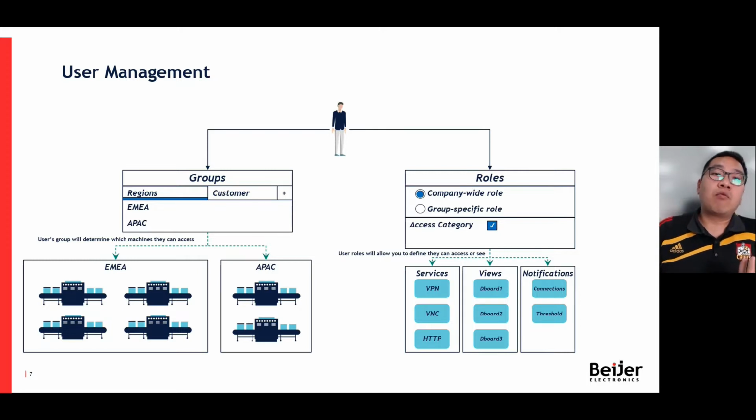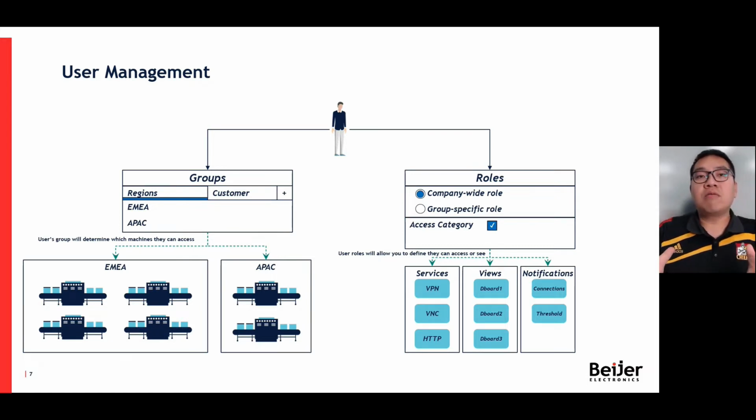Having a company-wide user or a group-wide user will determine what devices you have access to. If you are a company-wide role, you will have access to all devices within your company, within the CloudVPN company, of course. If you have a group-specific role, depending on the machines that you have grouped, you only have access to that specific group.